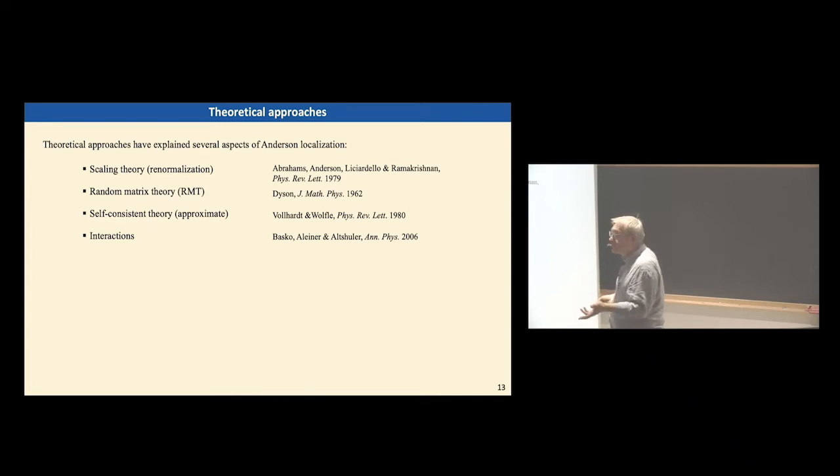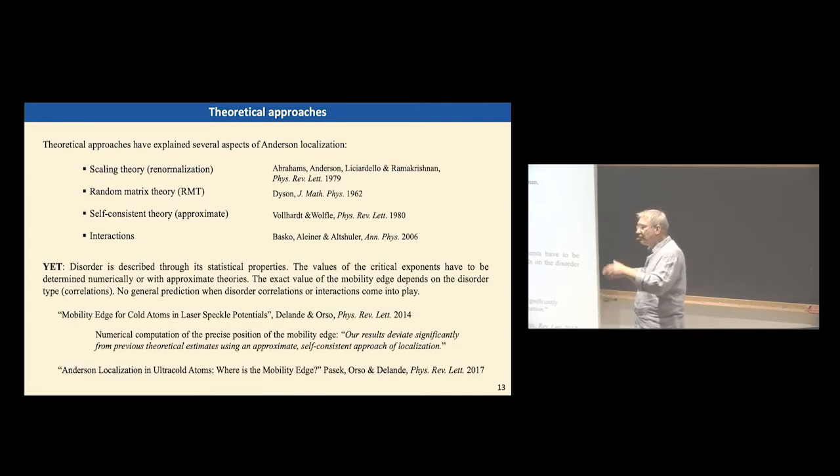I won't have the time, of course, to make a full review of Anderson localization. But the point I want to stress is that most of what has been accomplished so far is by looking at the object from the beginning as a probabilistic object.